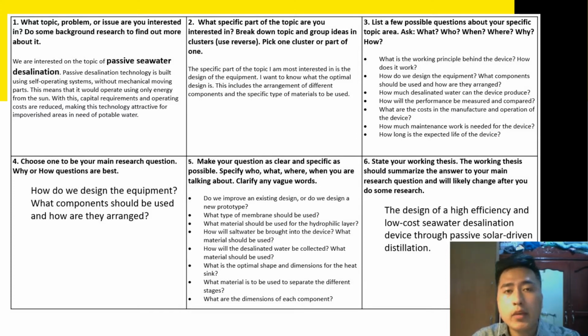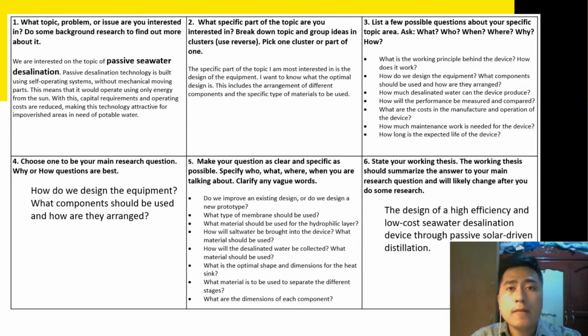From the many questions that we asked from this topic, we came up with a main research question, which is how do we design the equipment, what components should be used, and how should they be arranged. From this main research question, we asked 8 specific questions which revolve around the membrane, the seawater, the hydrophilic layer, the heat sink, the analysis, the iterative process, the stages, and the dimensions and the shape of the component.